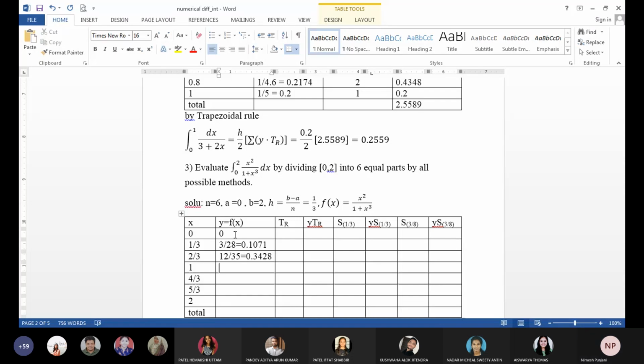Right? 12 upon 35 is what you get. Then y3 is simple, 1 upon 2, that is 0.5.